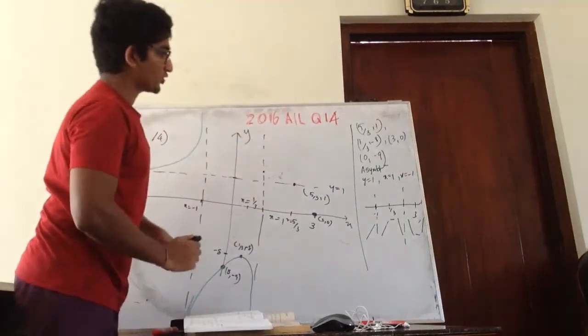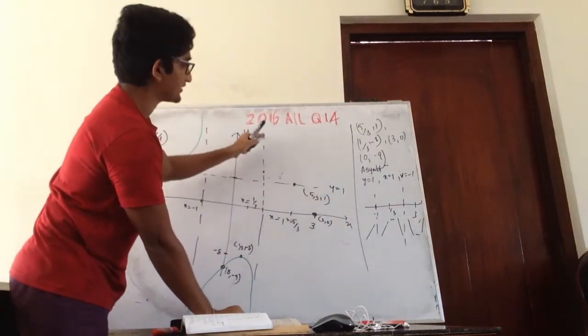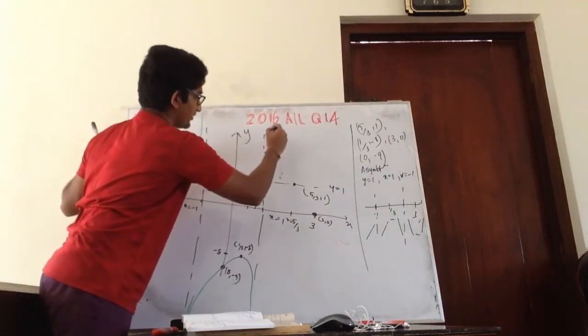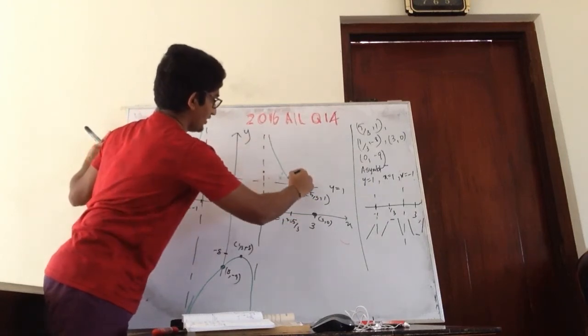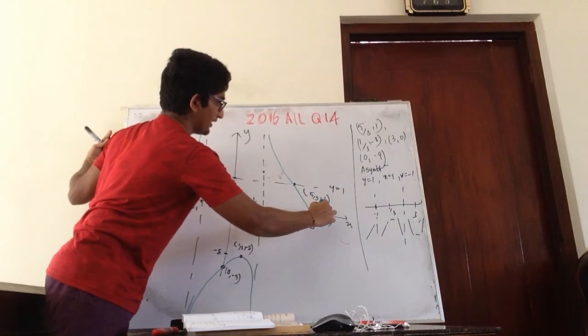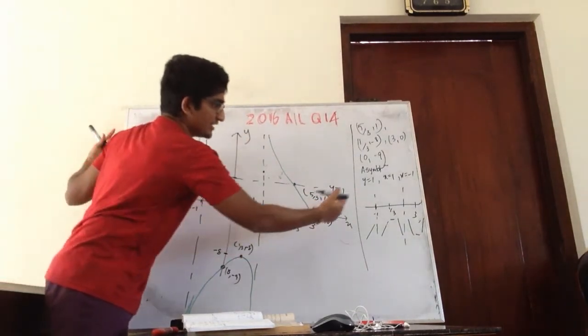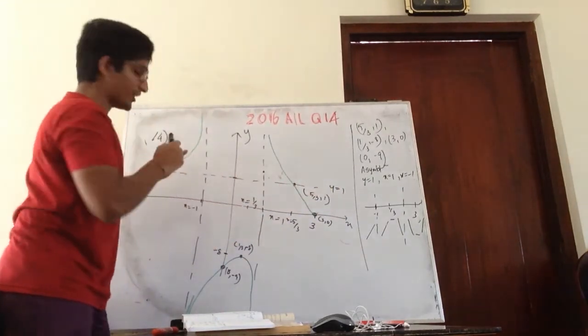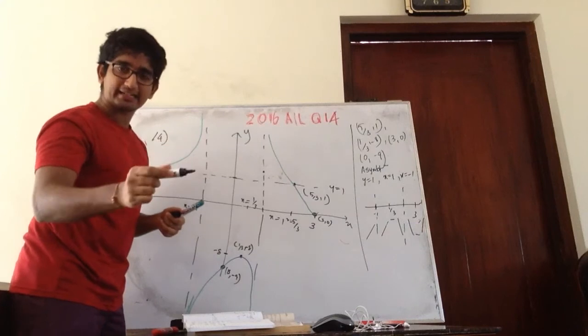So now it starts from up. It comes down to this point, and then it ends at what? At infinity it ends at y equals 1, no? Correct?